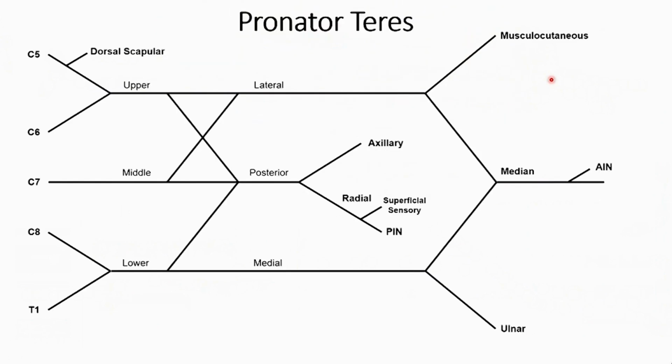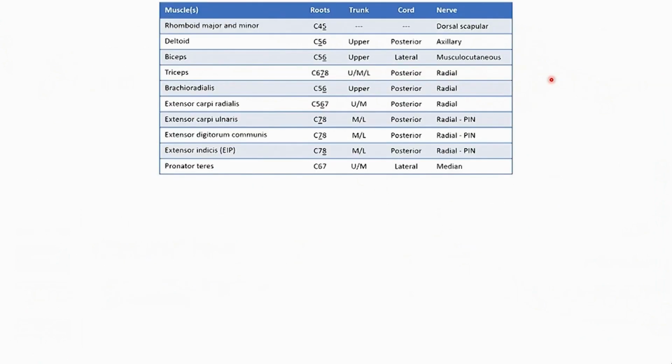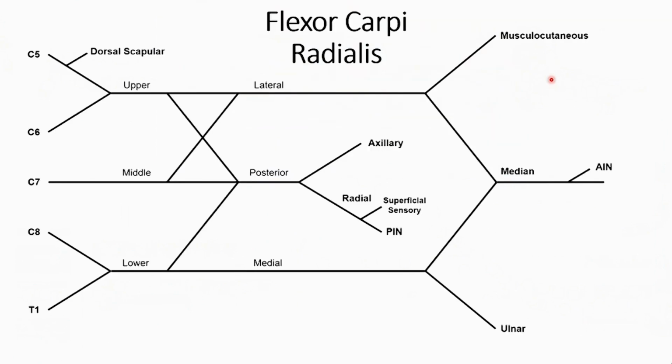Pronator teres. C6 and 7, upper and middle trunks, lateral cord, median nerve. Flexor carpi radialis, C6 and 7 nerve roots, upper and middle trunks, lateral cord, median nerve.